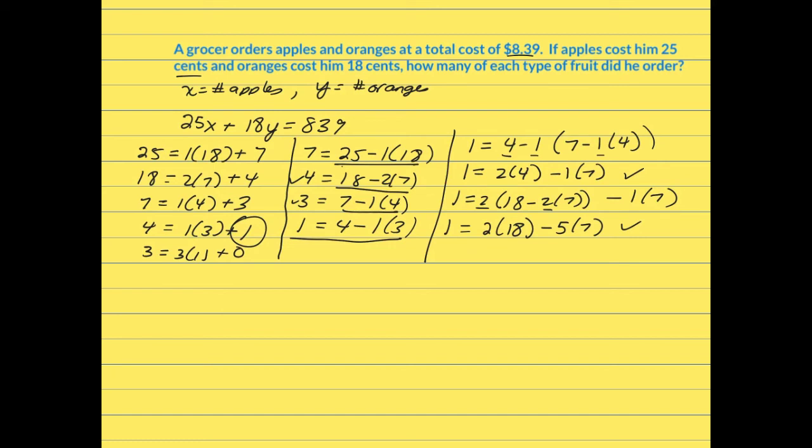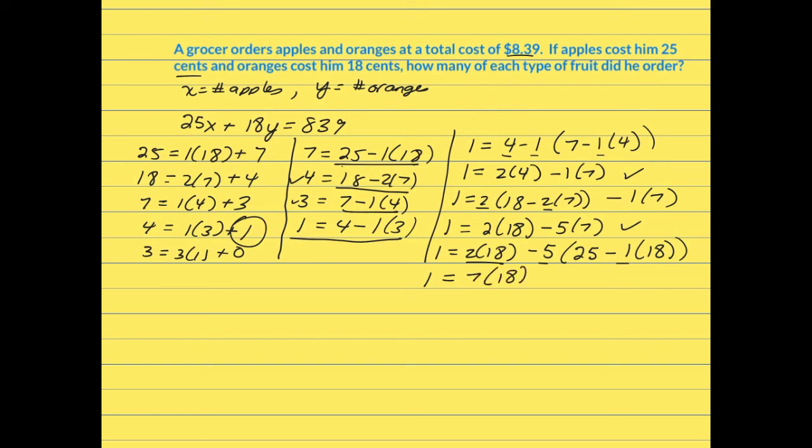One more substitution. We're going to substitute in for 7. 2 times 18 minus 5 times 7 becomes the 25 minus 1 times 18. Combine like terms. And we've got 2 times 18, and then we've got negative 5 times negative 1. That becomes a positive 5.